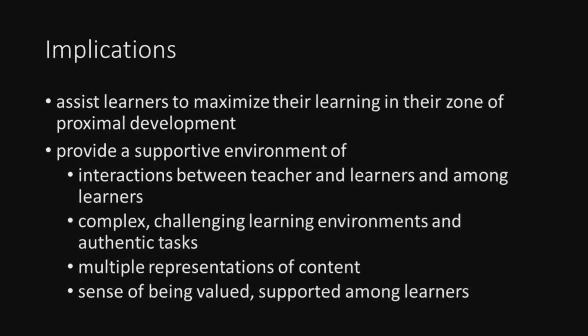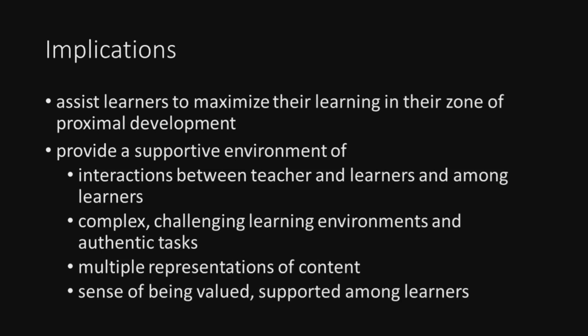And the next implication is that teachers should assist learners to maximize their learning in the zone of proximal development so that they can reach the development level that is still in maturation.